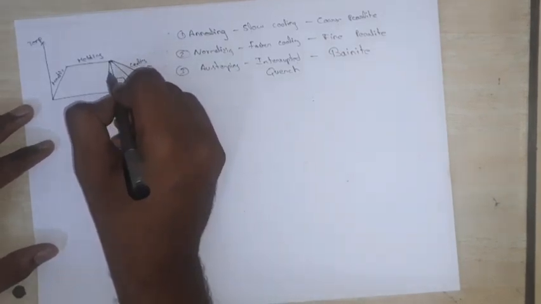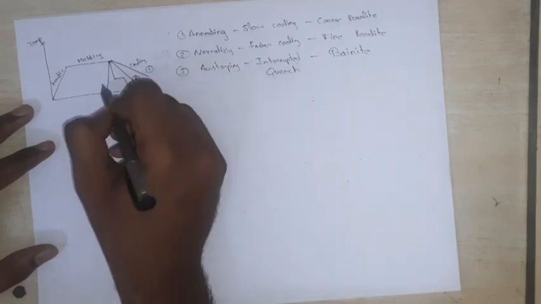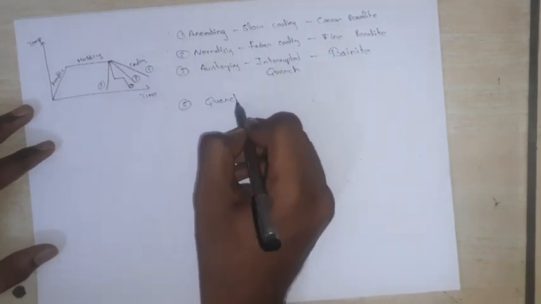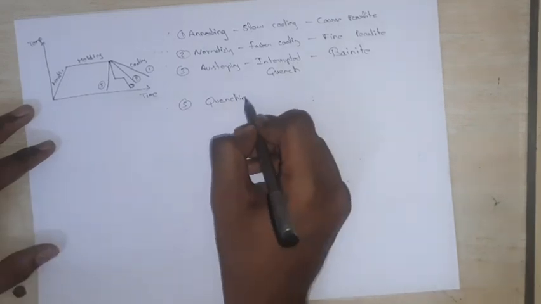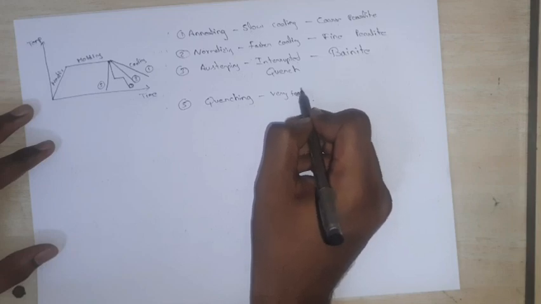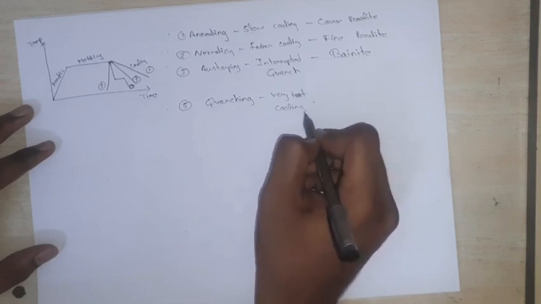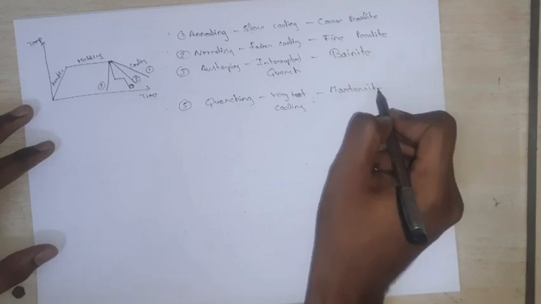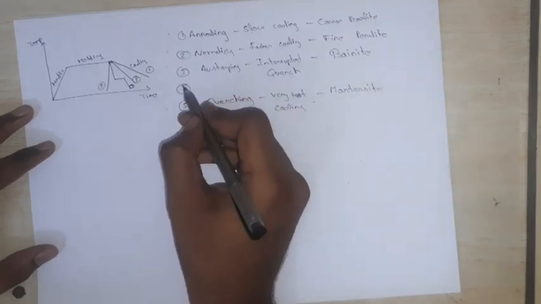And if we cool very fast, very rapidly, that is called quenching, and we get martensite.